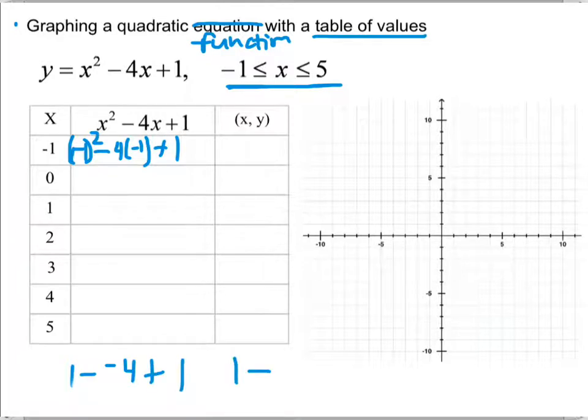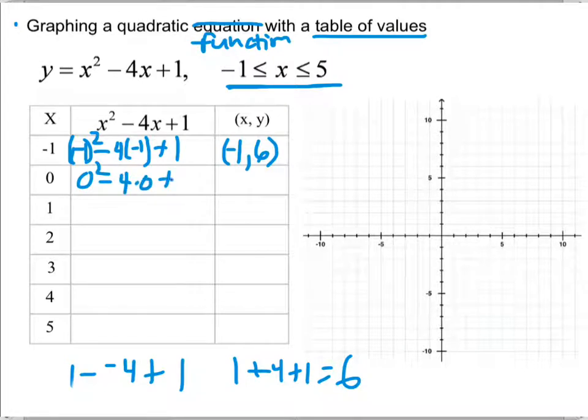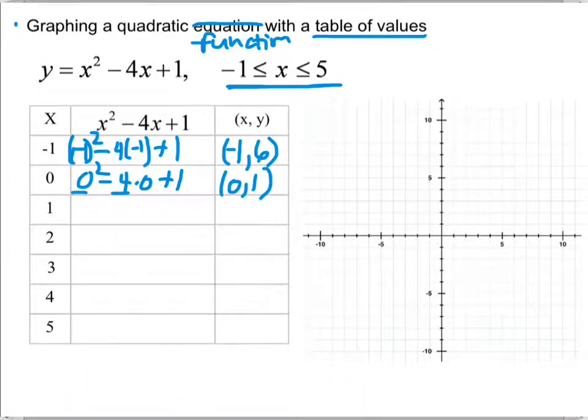That would be 1 plus 4 plus 1, so the answer here is 6. I put in -1 and I got back 6. Similarly, if I put in 0, I get back 1 because these two terms knock out. So 0, 1 is a point on the graph. I'm going to pause the video and fill in the rest of the table here, and you can do the same with yours.